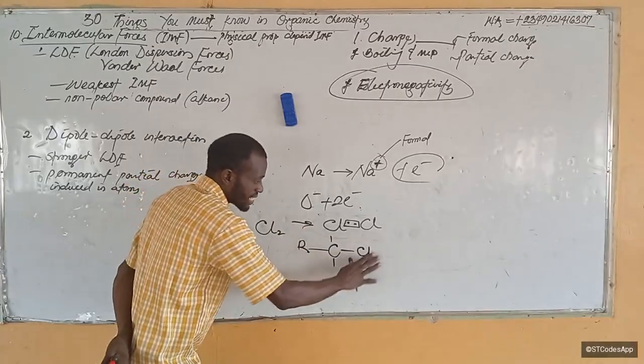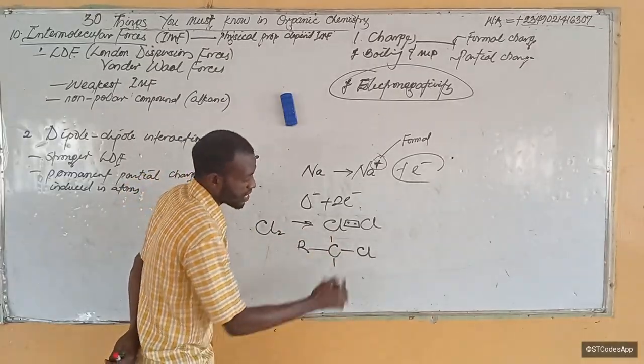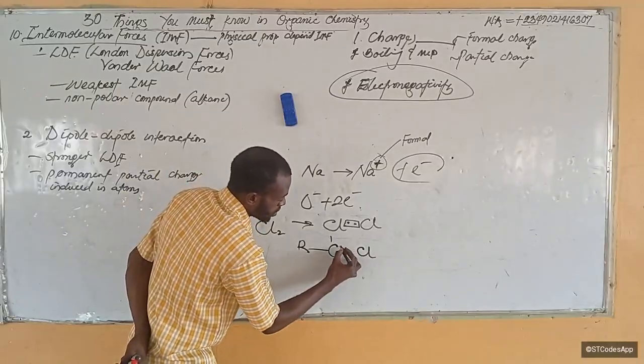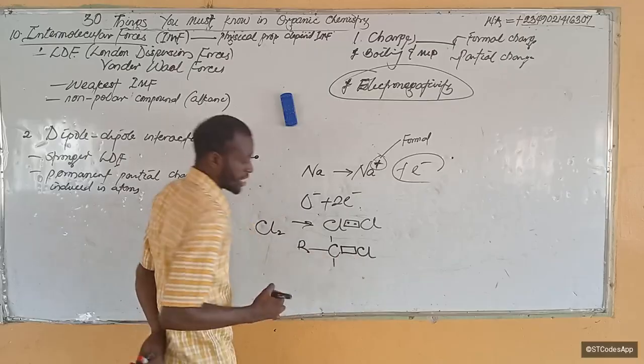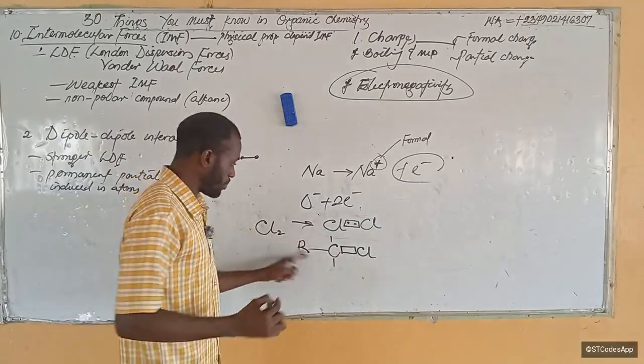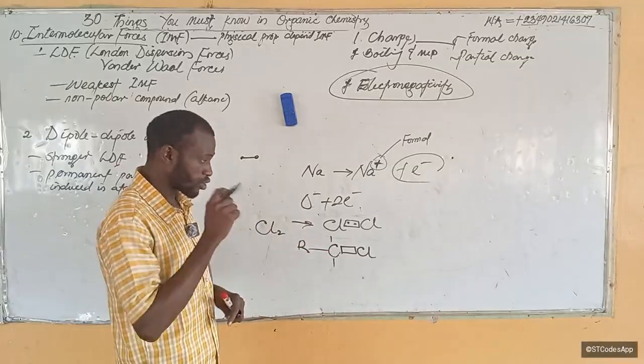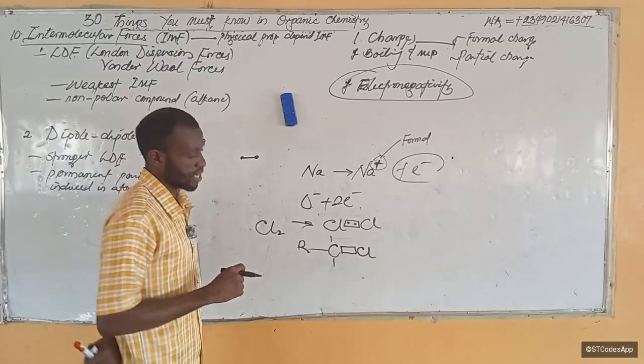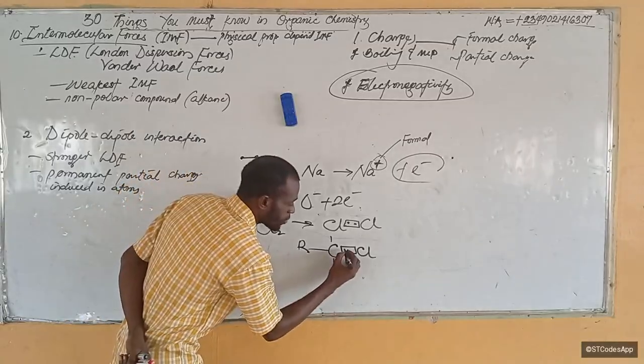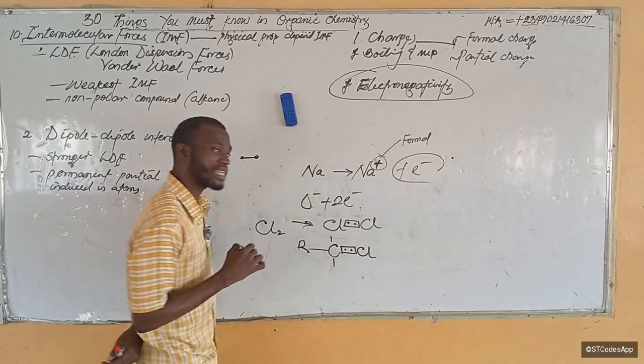But I want to show you that in this case, if I were to draw a box to represent my bond, you see the line notation that I used there, I change it to a box so that I can show you the electrons that are inside. Now, the electrons will not be sitting comfortably like this.